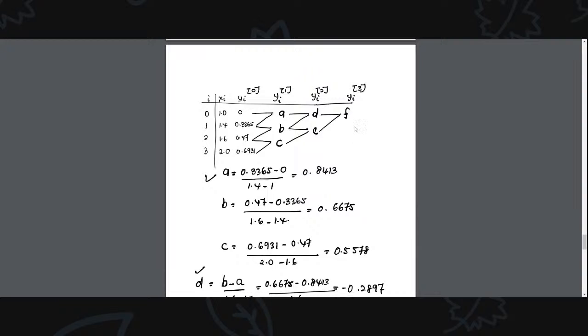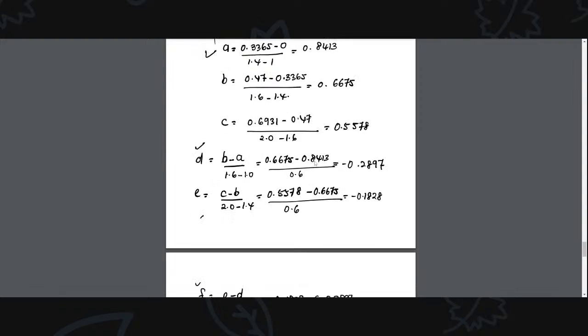And then if you want to find C, it is y2 of order 1, that is y3 minus y2 of order 0 divided by x3 minus x2. You just use this table. So I teach you how you get the answer from the table.